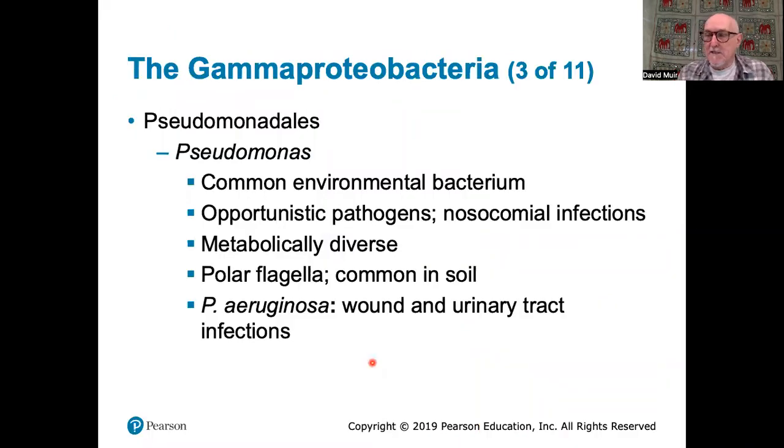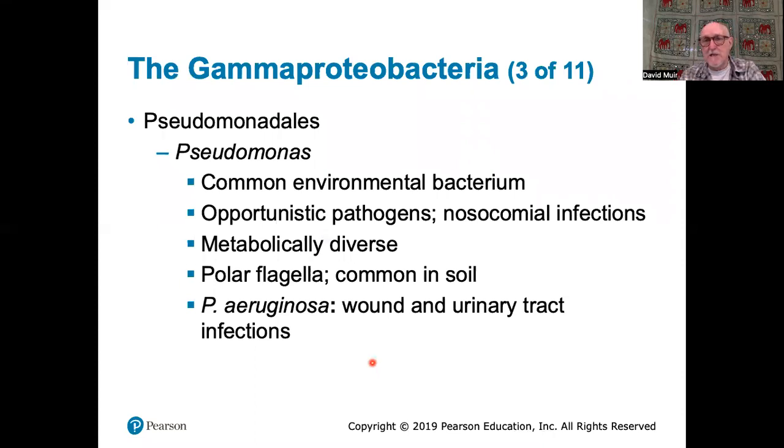So this next organism you will surely have heard of in lab. And this is Pseudomonas, in a group called the Pseudomonadales, which are named for Pseudomonas. They all have rather similar characteristics. Pseudomonas is an obligate aerobe, and it's very, very common.